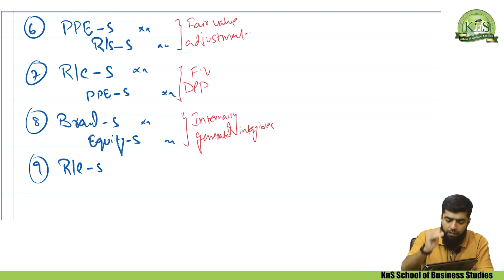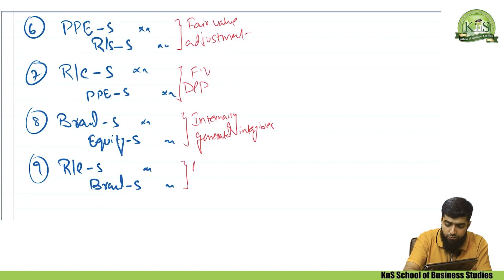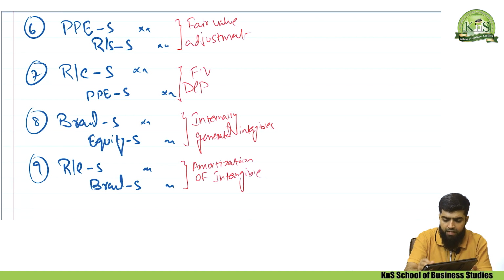This will reduce the amount of profit of S company, and definitely this will reduce the amount of brand as well. So this adjustment relates to the amortization of internally generated intangible, amortization of intangible asset. That is the amortization that we need to record in the consolidated statement of financial position.